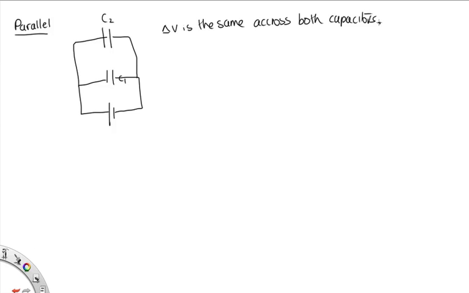So what we want to know is what equivalent capacitance could we replace C1 and C2 with. Find C equivalent that could replace C1 and C2.